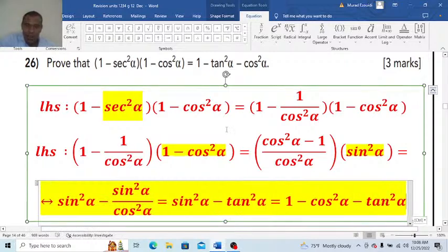But you can see the identity should be equal to 1 minus tangent square minus cosine square. Means you are going to rearrange this: it comes here after the 1 minus, and cosine square will change there.